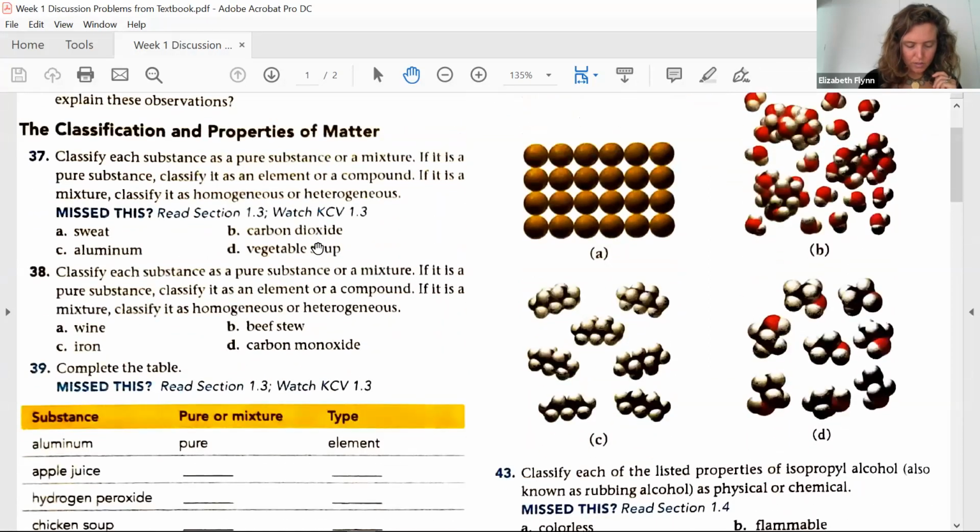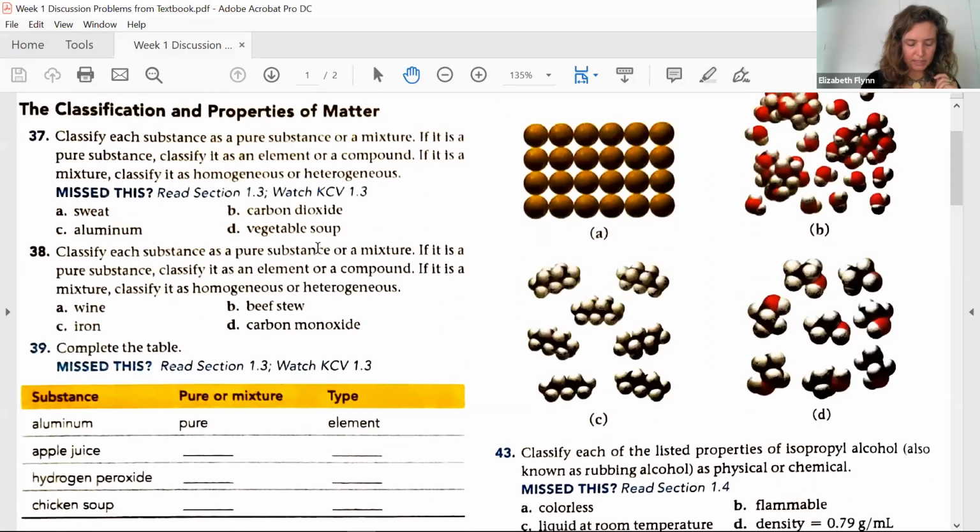Okay. We can do more problems here. Let's do this one. Substance, is it pure or is it a mixture? If it's pure, is it an element or a compound? So what about sweat?